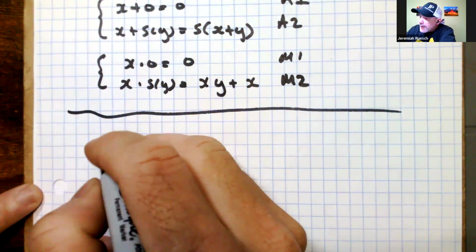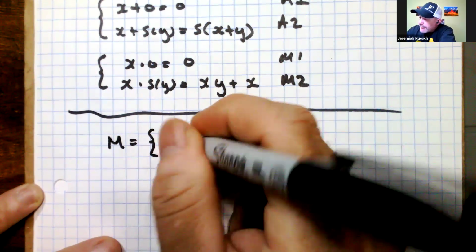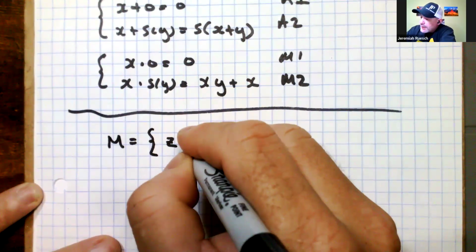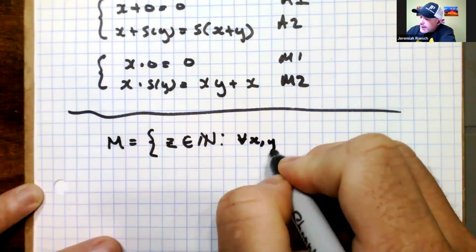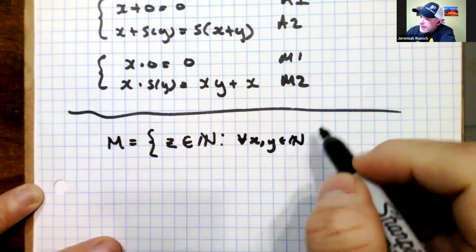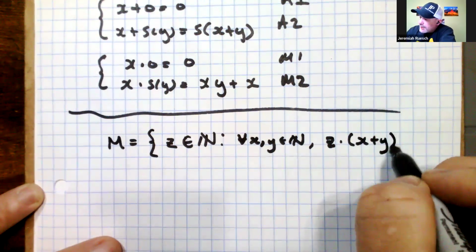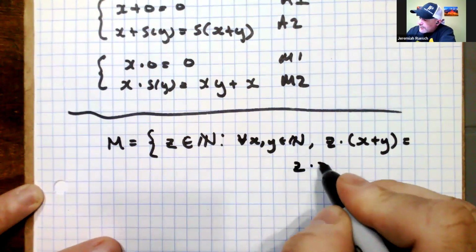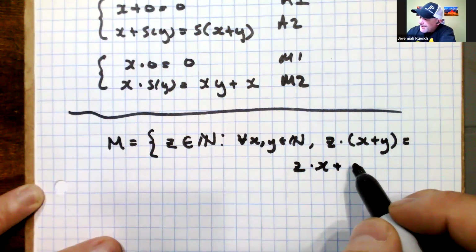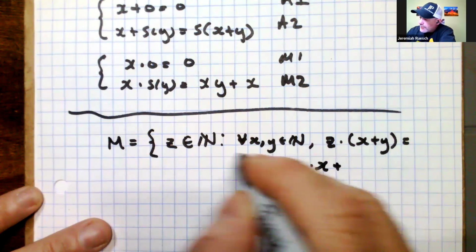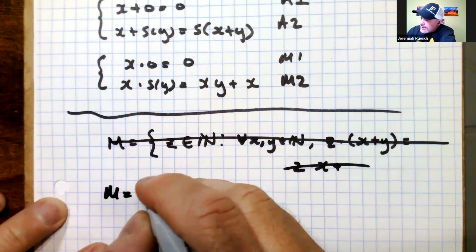I'm going to first define my set M. Scratch that, I forgot which one I was doing. I'm doing right first.